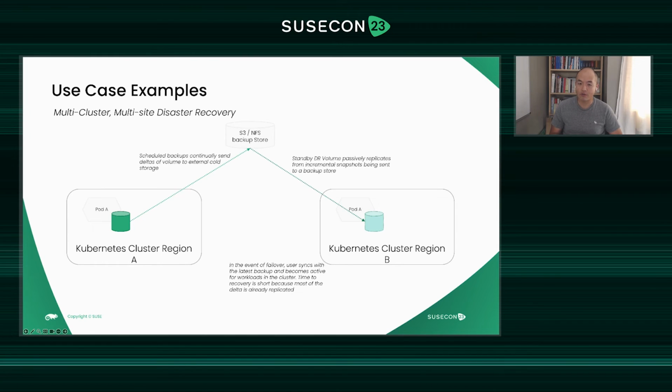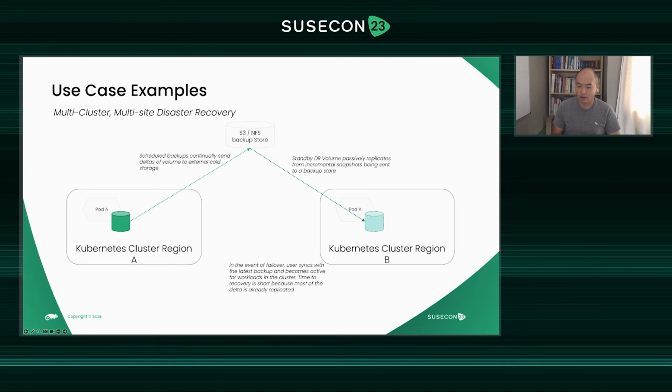But in fact, Longhorn also provides a disaster recovery feature, which can preemptively download the data from S3 into another region, where you can have a volume on standby. This mechanism is also incremental. Longhorn will detect what has changed in the upstream S3 or NFS backup store, and then restore the changed part into the volume that's in standby mode in the new region.